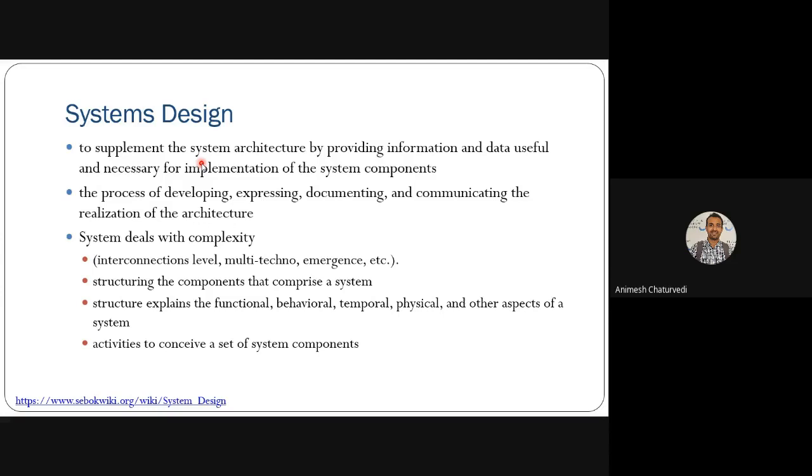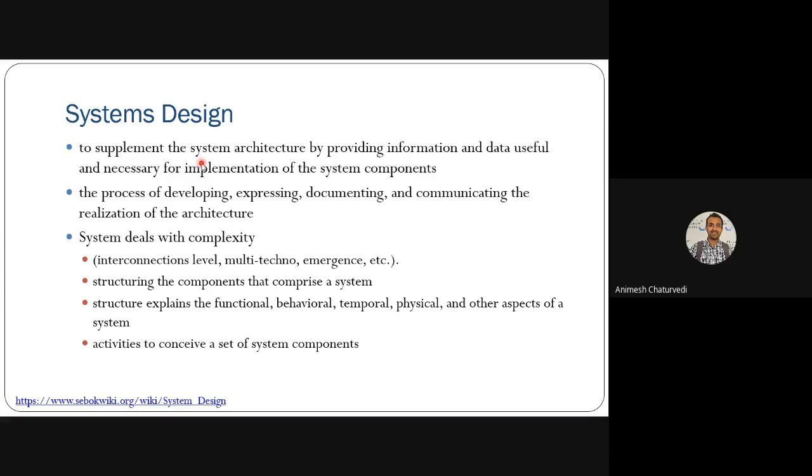The data set or some necessary information required for the implementation of the system component. All this type of information that helps you implement that system component basically lies in the system design. Then there is the process of developing and expressing documentation and communicating relationships of that architecture.